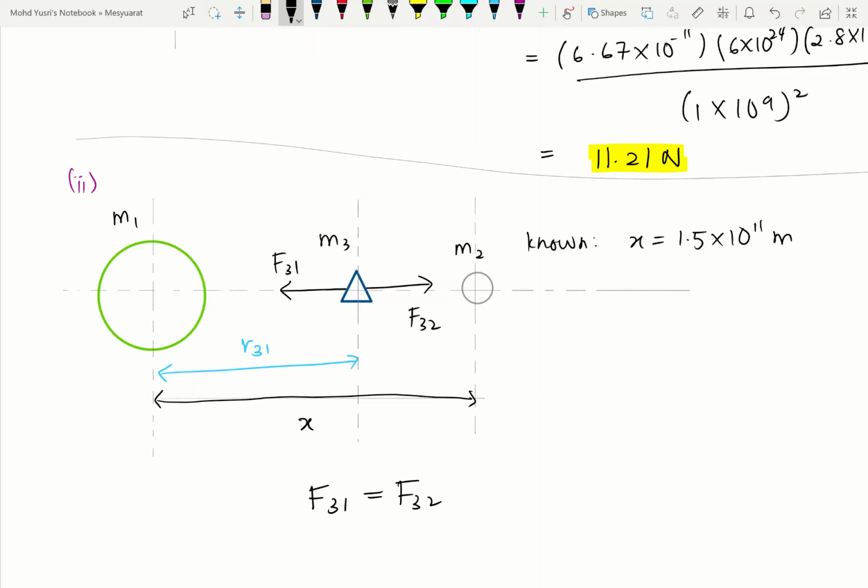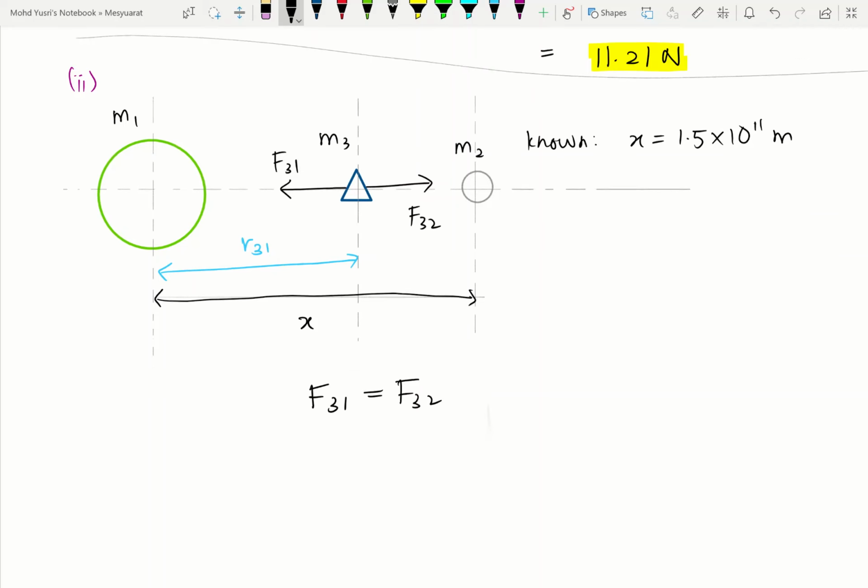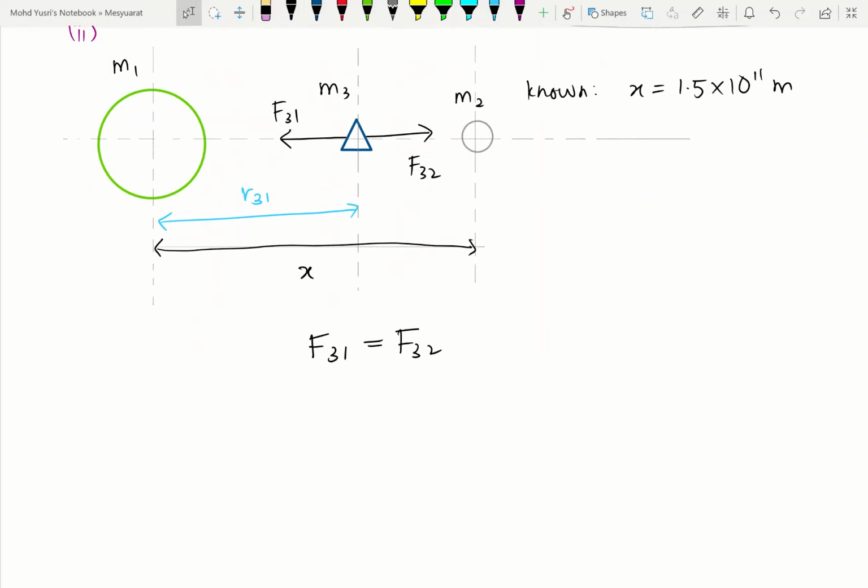Now again di sini we need to apply a slightly complicated mathematical calculation. Okay, kalau kamu lemah algebra, kalau kamu pandai tak ada masalah. Okay, so kita kena masukkan equation G M3 M1 over R31 square. Now, soalan 2 dengan soalan 1 tidak ada kaitan.